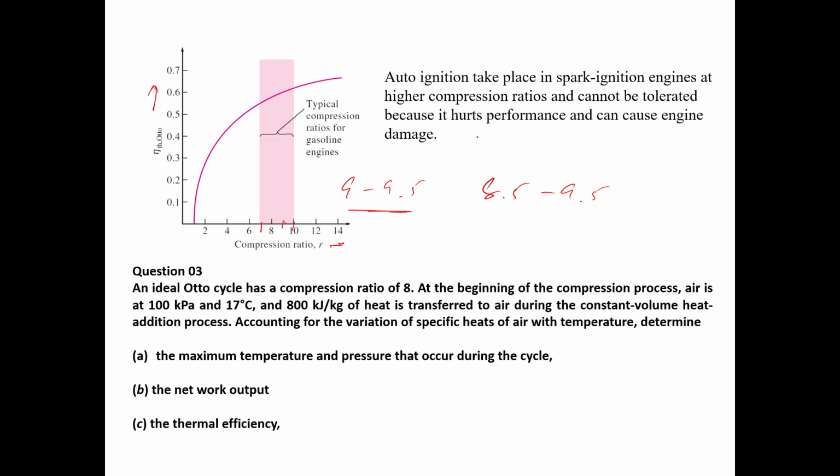Now why can't we increase this? If you increase the compression ratio, of course we can get good efficiencies, right? The problem is that when you increase the compression ratio, it tends to increase the temperature and the pressure, and those high temperatures and high pressures in the engine create NOx.